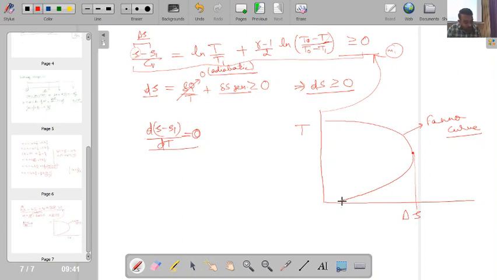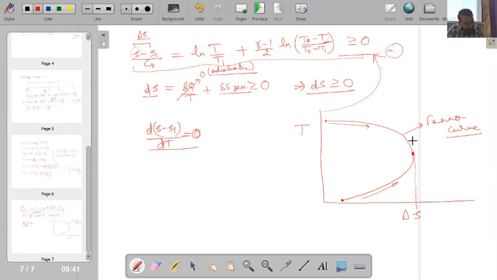Say if I start from this point, if my initial point is this, then along the length of the pipe I will see that along this direction my entropy will increase. If I am at this point, then along this direction my entropy will increase, but ultimately it reaches a maximum value, and from there it saturates, it does not go further ahead. Okay, so we now have to determine what this limiting point is.